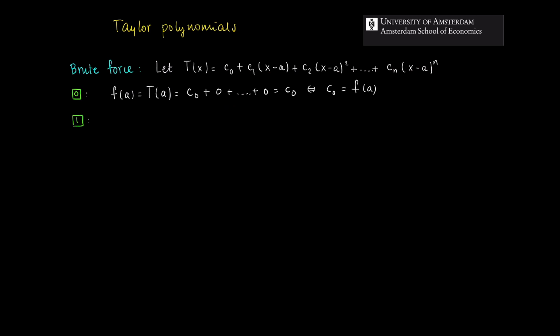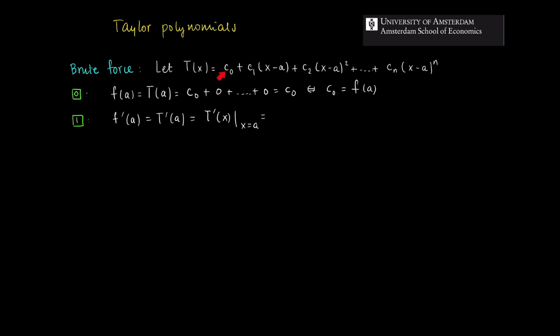Now the second condition. The second condition states that the derivative of f in a should be equal to the derivative of t in a, right? So let's say that first we take the derivative of t and then plug in the value x equals a. So what is the derivative of t?